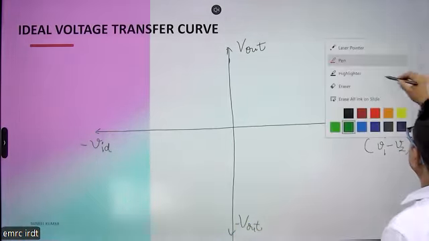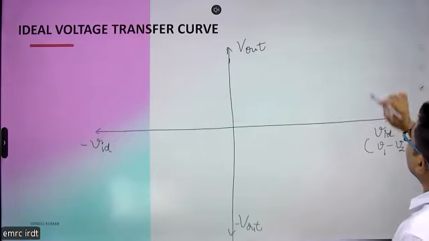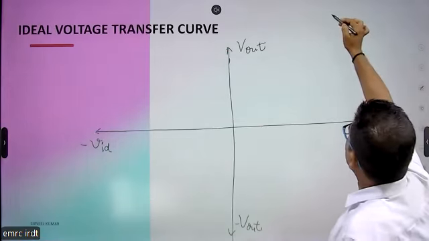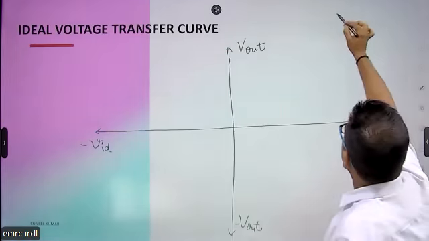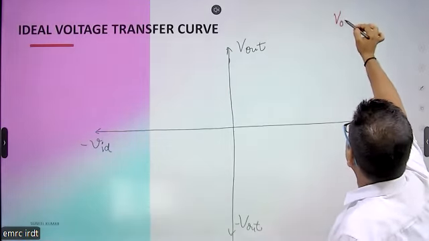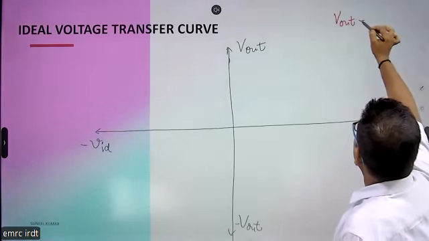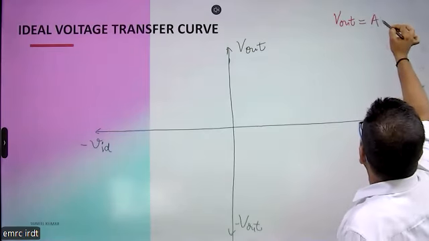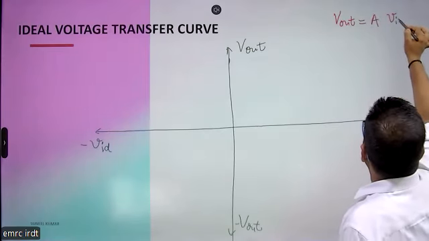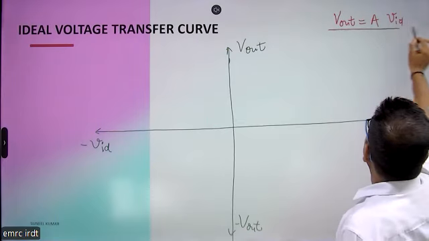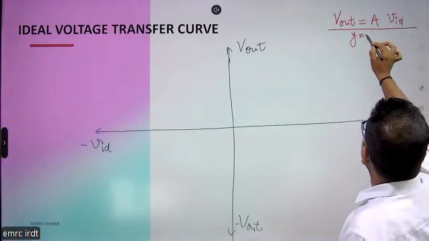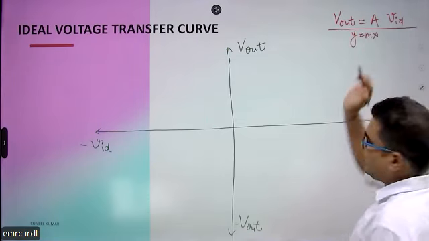So we are aware that there is a linear relationship between gain and output. We can write V output is always A times VID. This is a linear equation that can be written as Y is equal to mx.